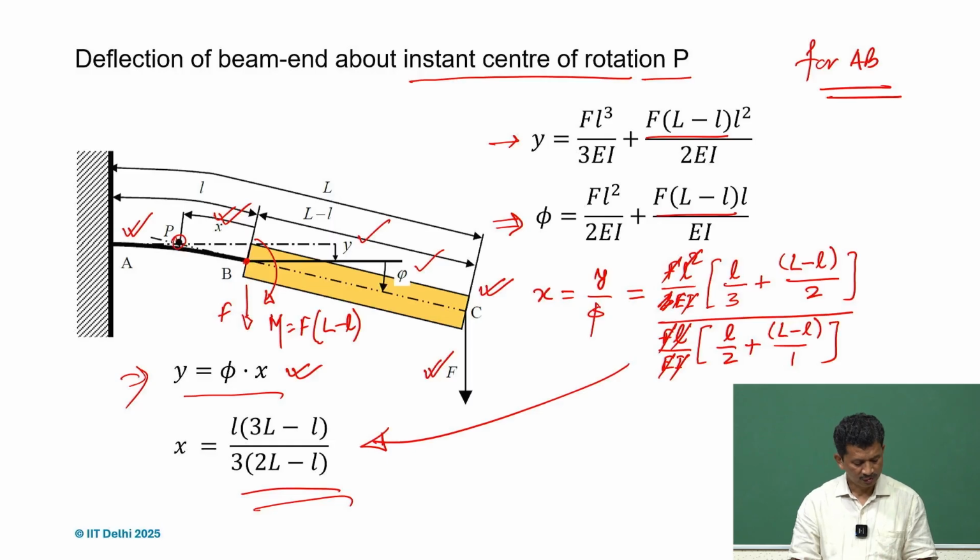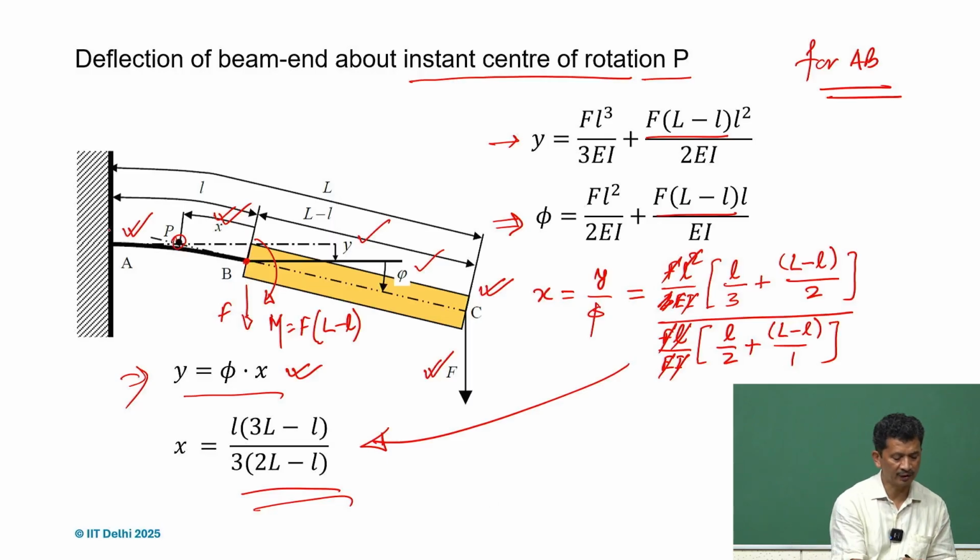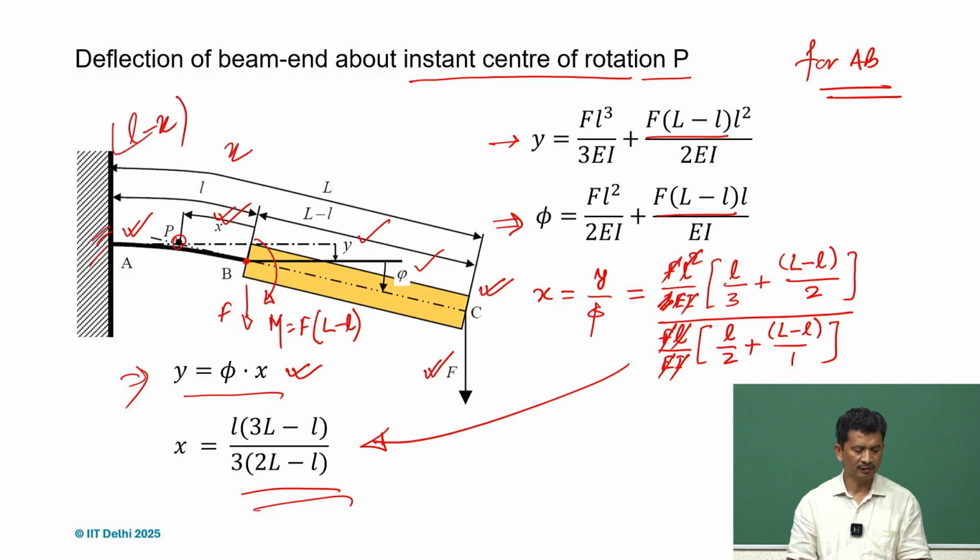This is the derivation for x, and x is the position of P from B. If we check from A, the fixed end, it will be l minus x, and this length is x. So be aware that x is from B.